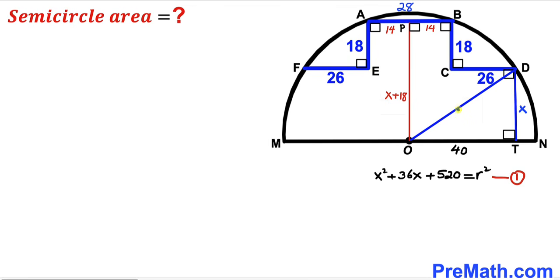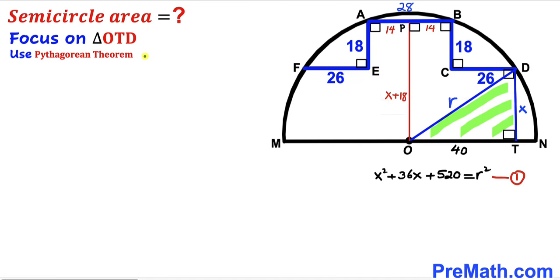Now in this next step, I have connected this center O with this vertex D as well. Let's make an observation. We can see this OD is the radius of this semicircle, so I'm going to label this radius as lowercase r as well. Now we are going to focus on this right triangle OTD and apply the Pythagorean theorem on this triangle as well: a square plus b square equals c square.